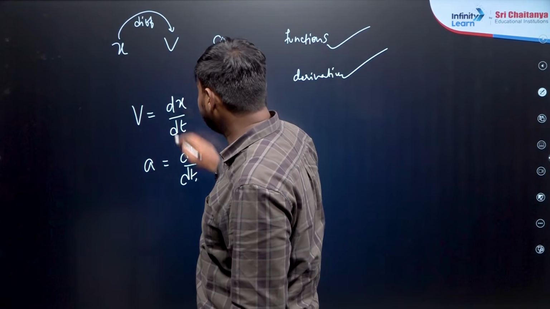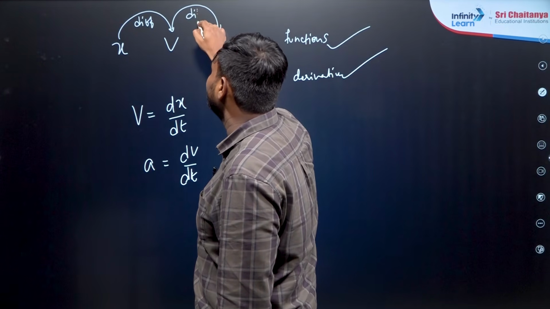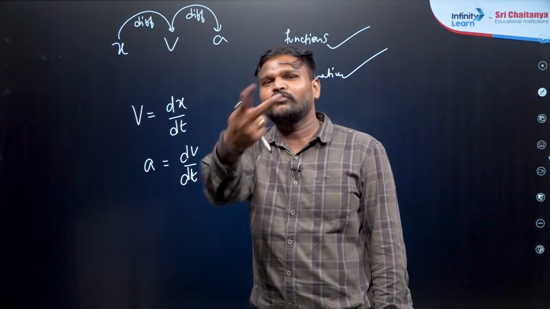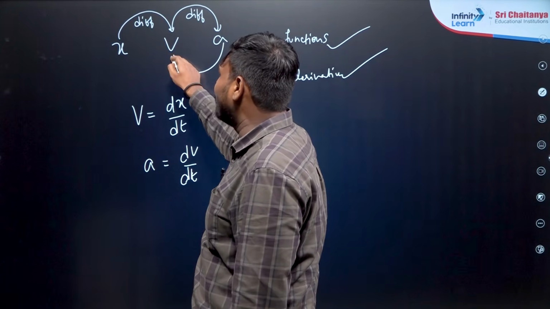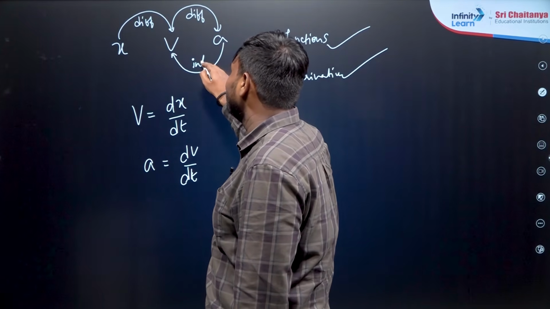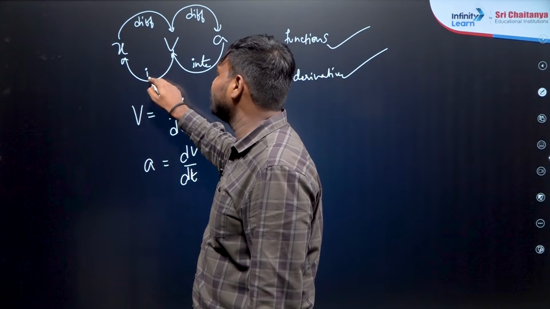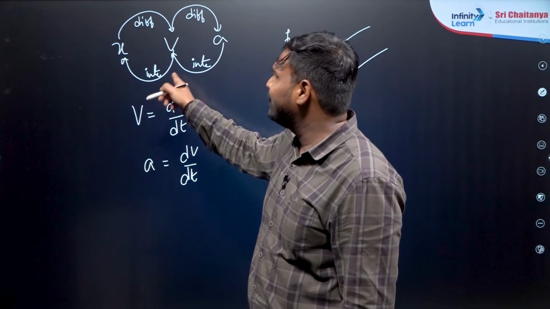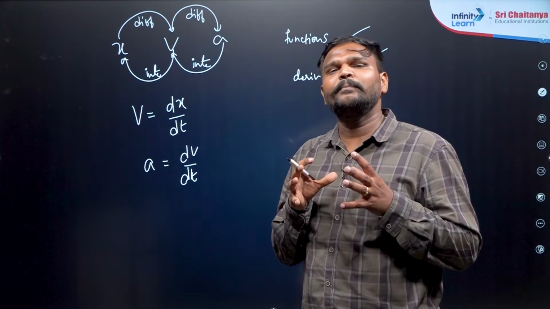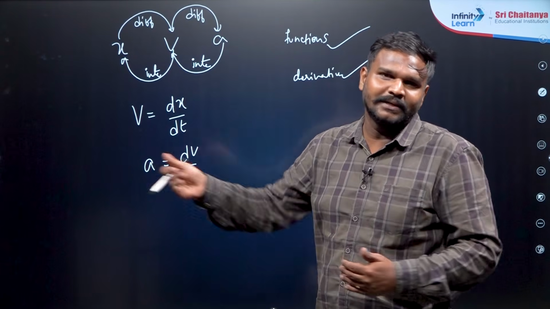So if velocity is given and acceleration is required, we will differentiate. And I told you the reverse of differentiation is going to be integration. So if you have acceleration and you want velocity, we will integrate. Similarly, you have velocity and you want displacement, we will integrate. So calculus is a very major part in kinematics as well as other chapters.